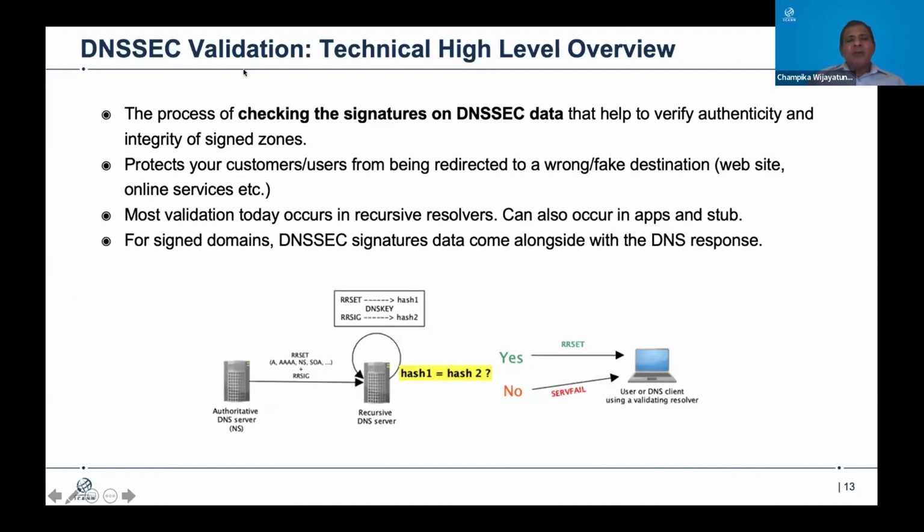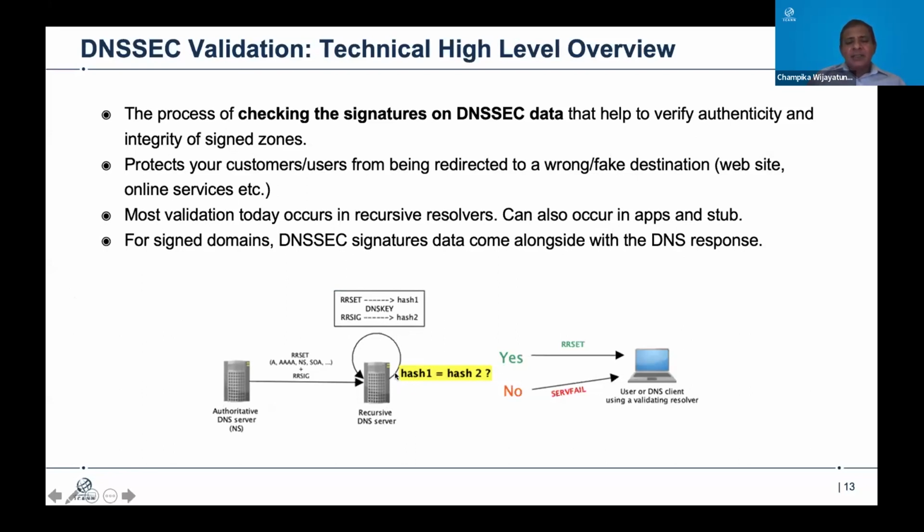Next, I think I have also updated earlier about DNSSEC validation. DNSSEC validation is done at the recursive server level. Whatever responses the recursive server gets from the authoritative name servers are compared against the signatures. Here we're comparing the hashes.